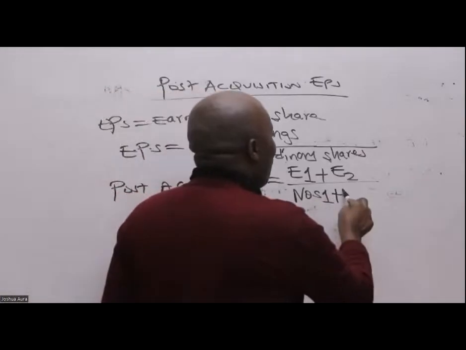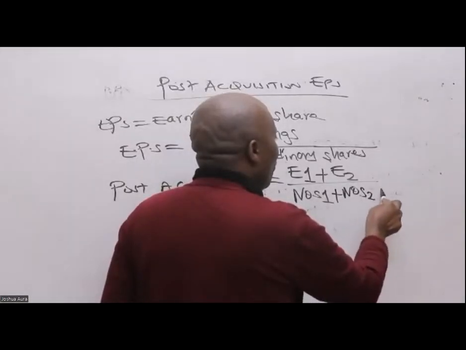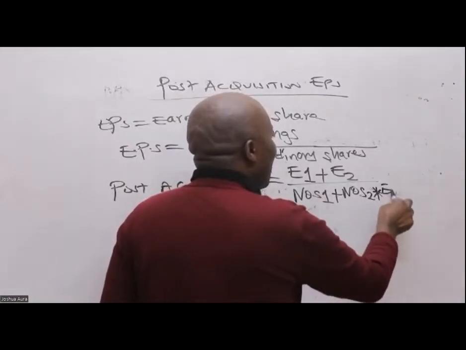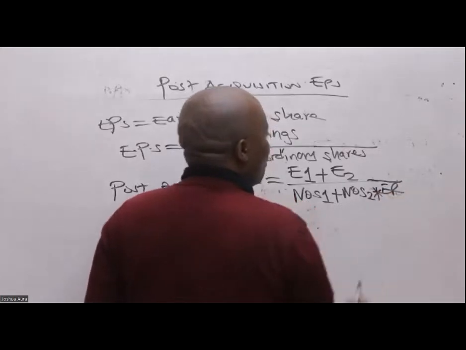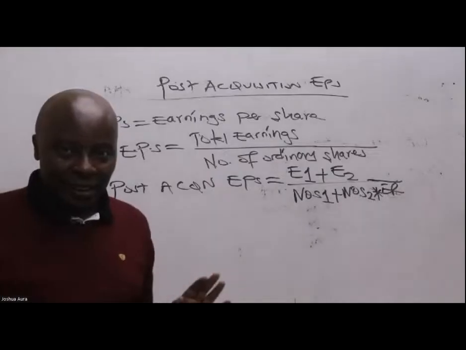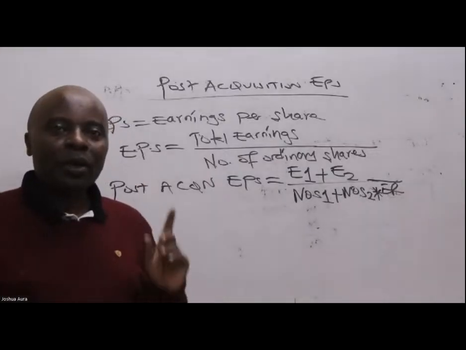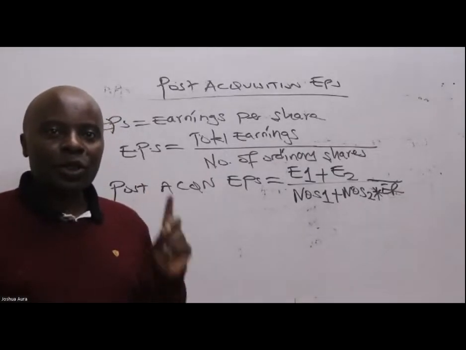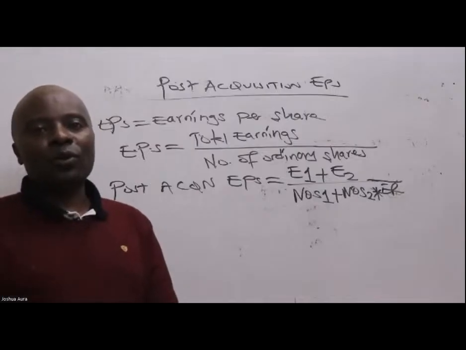Plus number of ordinary shares of company 2. But remember that company 2, which represents the wife, must be multiplied by what we call the exchange ratio.